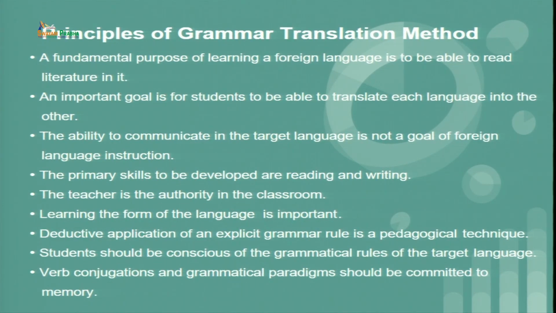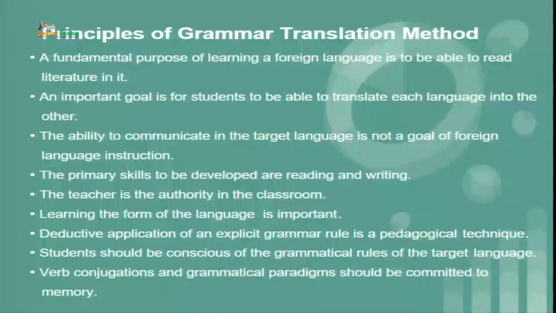So in the first example, we realized that the reading of the text takes place, and on the basis of that comprehension text or that literary piece of text, students build questions and the teacher responds to it. An important goal is for students to be able to translate each language into the other. Translation is the main component and it is largely emphasized.